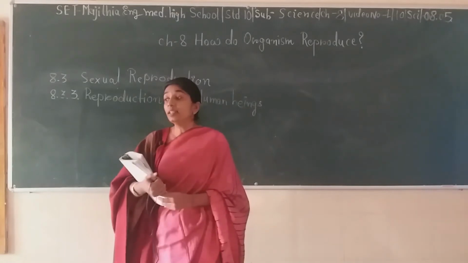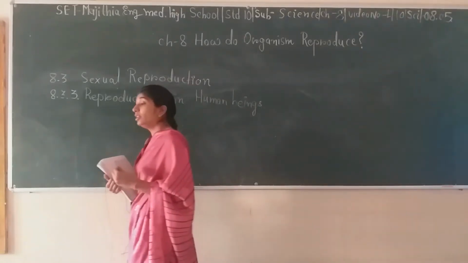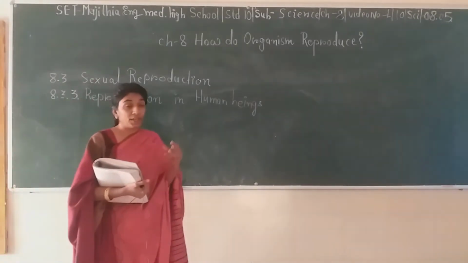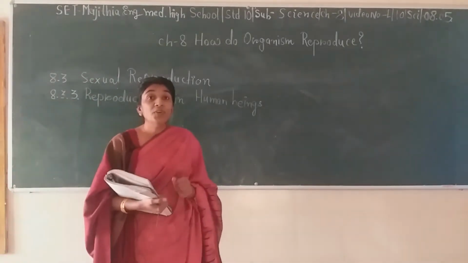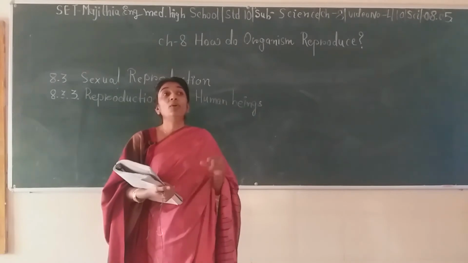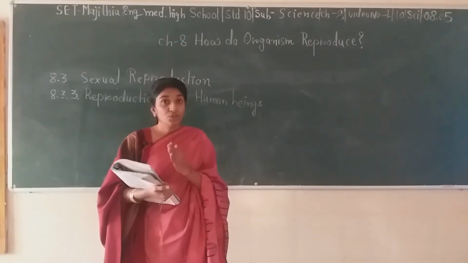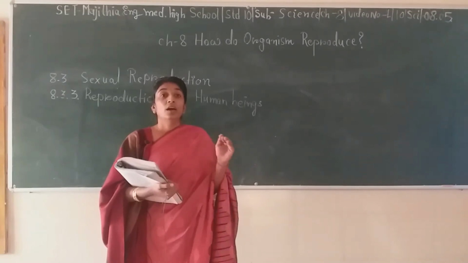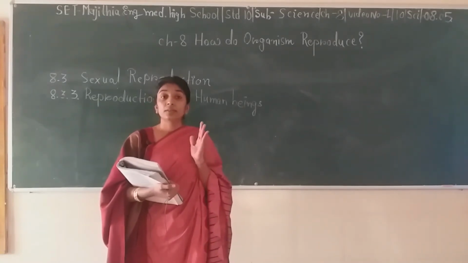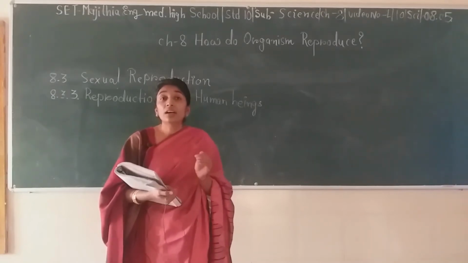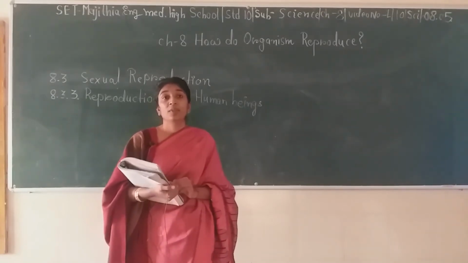Reproductive health. Till now we have seen the different organs and their contribution in our reproduction. Right now we want to discuss at what time reproduction should be done, and what are the possible diseases that can occur due to reproduction.